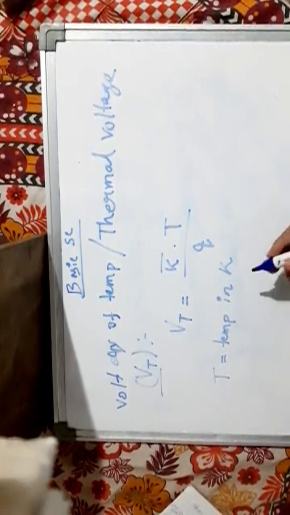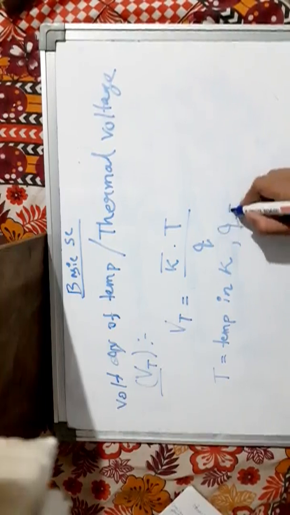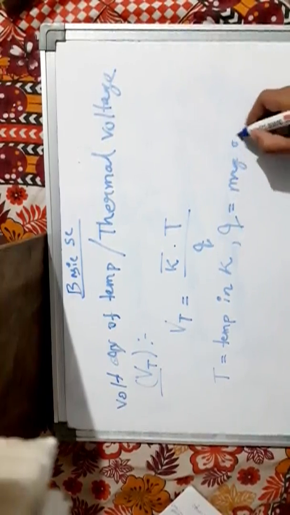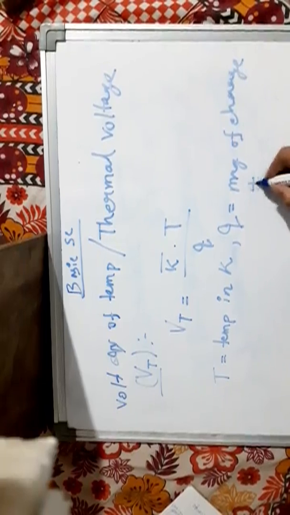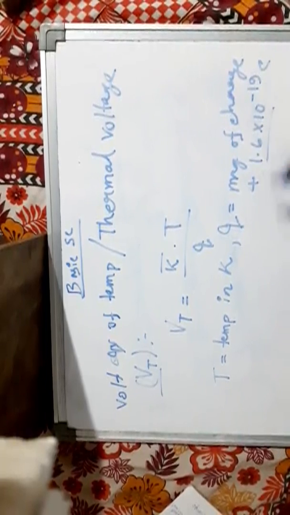and q is the magnitude of charge, 1.6 into 10 to the power minus 19 coulomb, that is the electronic charge.